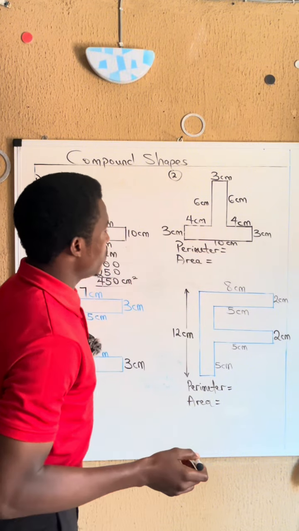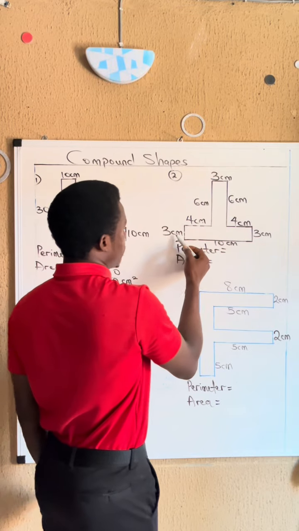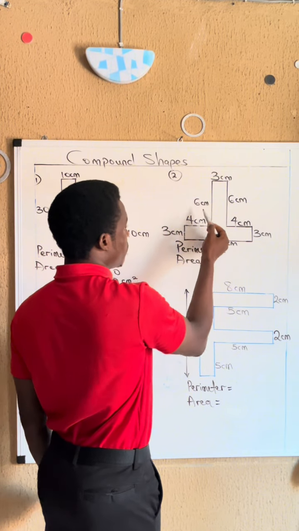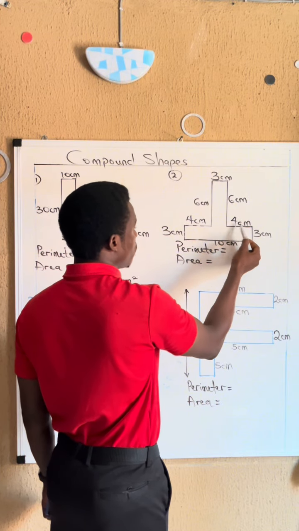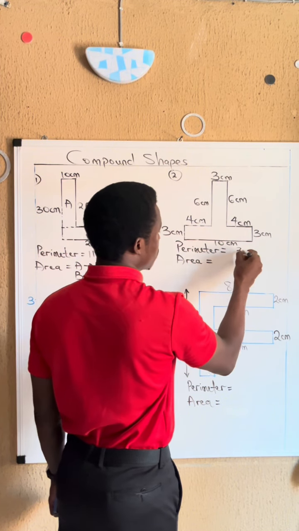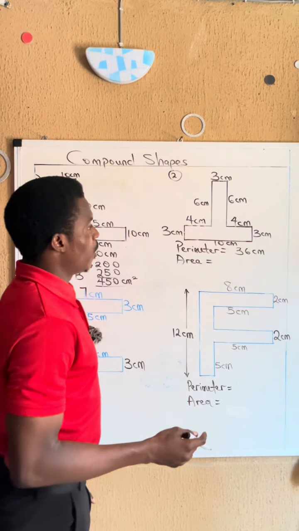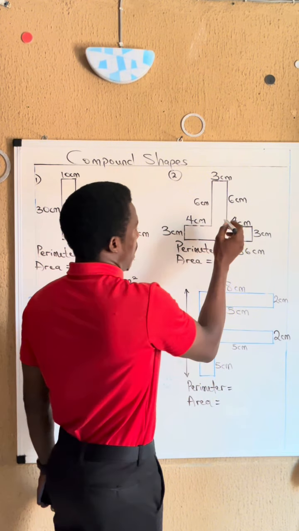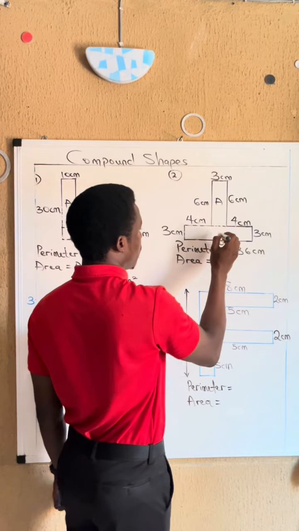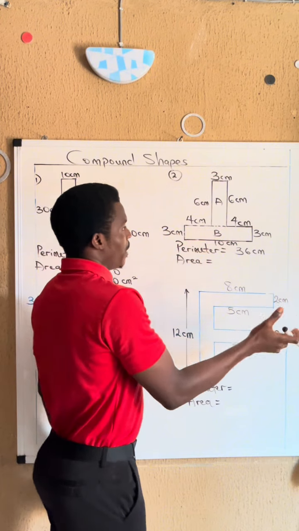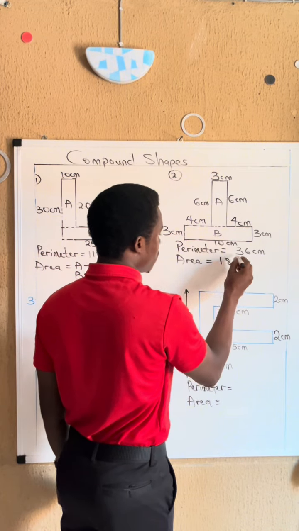So the perimeter for this is, let's take it from here. 3 plus 4, 7, 6, 13, 16, 19, 23, 26, and 36 centimeters. The area of this, I can decide to cut this from here and call this A again, and this B. So the area of A is 6 times 3, which is 18.